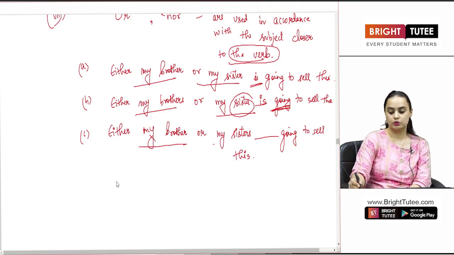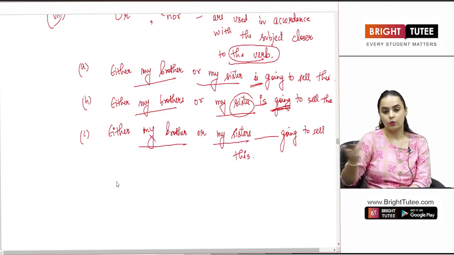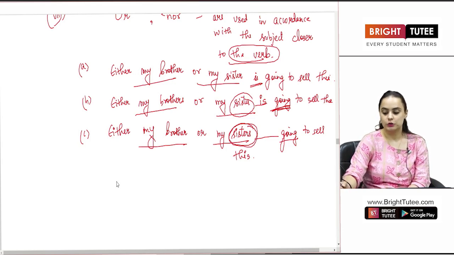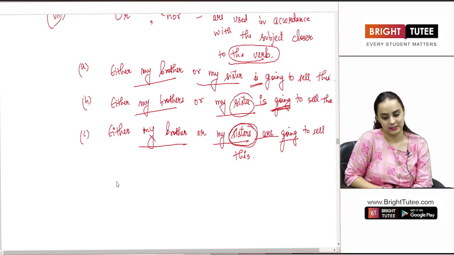Again, two subjects, brother and sisters. Which of these two is close to the verb going? Sisters, which is plural. So my helping verb is also going to be plural in nature.